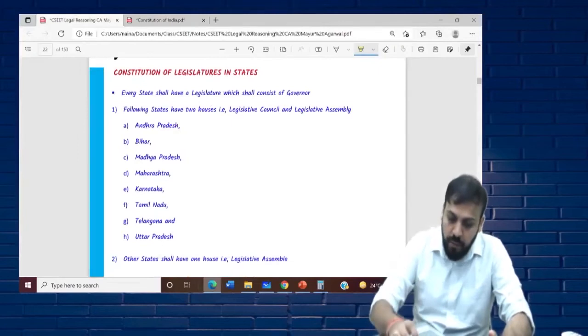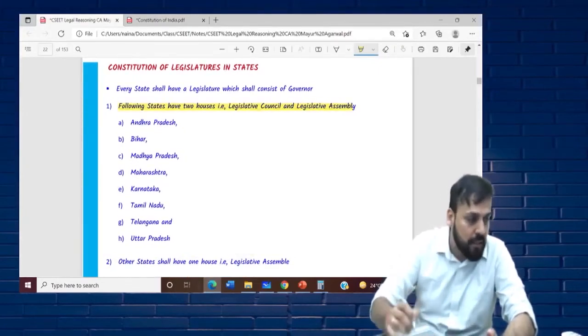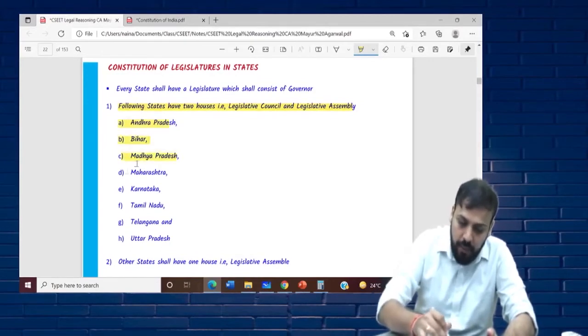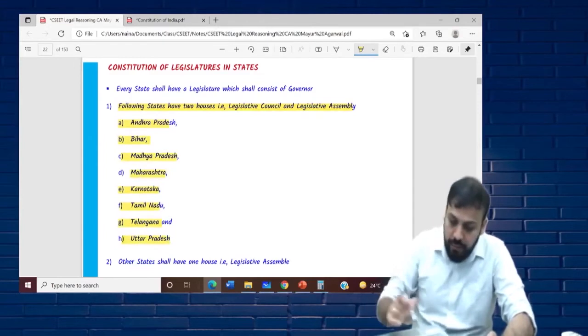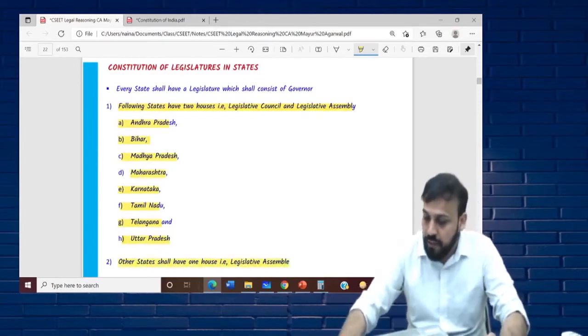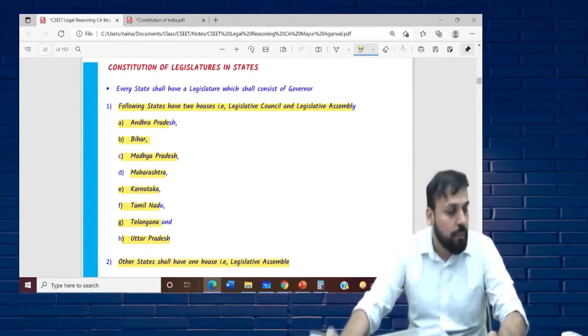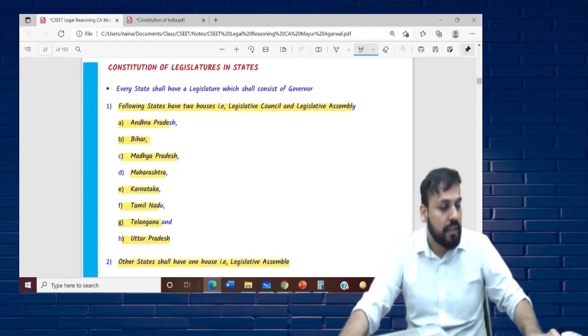So what is my point? In the following states there is both a legislative council and assembly: Andhra Pradesh, Bihar, Madhya Pradesh, Maharashtra, Karnataka, Tamil Nadu, Telangana, Uttar Pradesh. But in the other states, there will be only one house, that is the legislative assembly. Very, very clear.